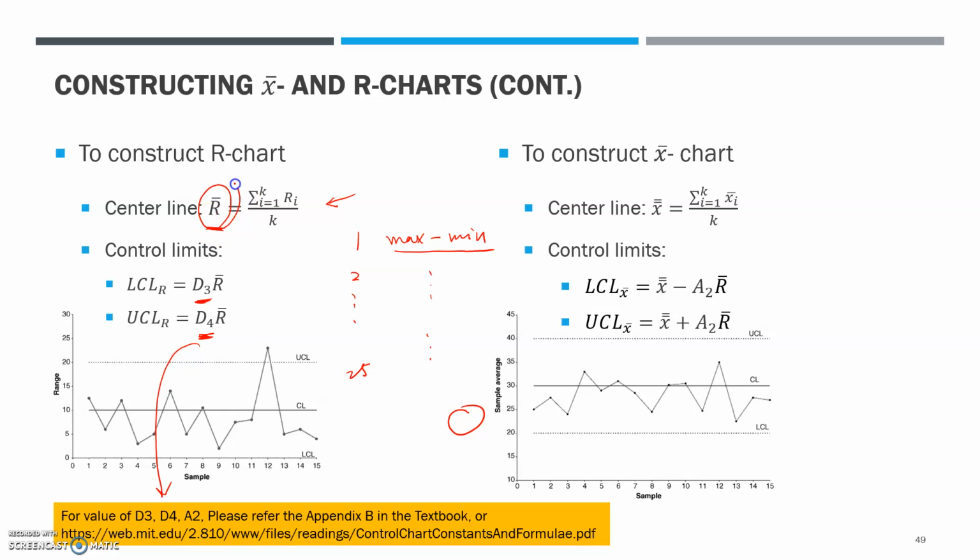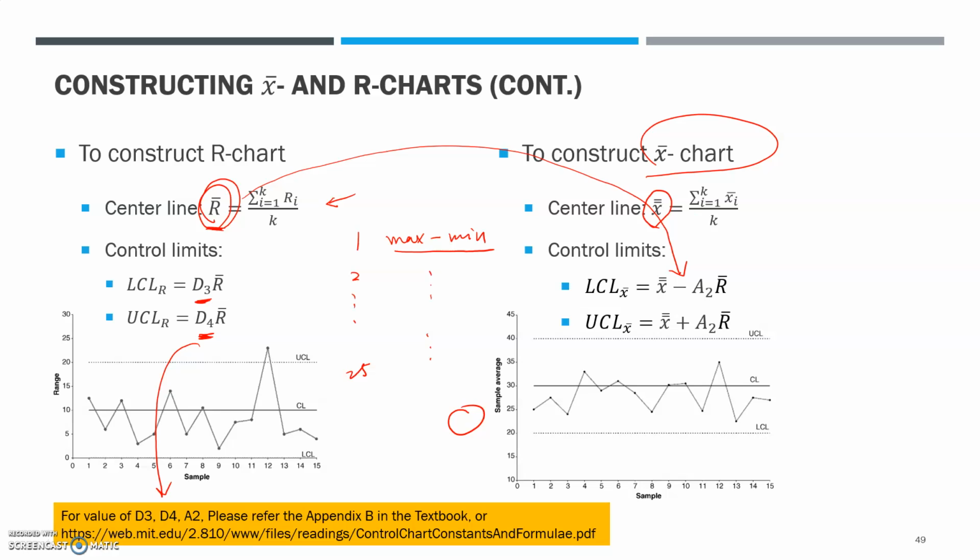With this R bar constructed, you are going to use it to construct the lower control limit and upper control limit for the X bar chart. X bar is the average of all averages.